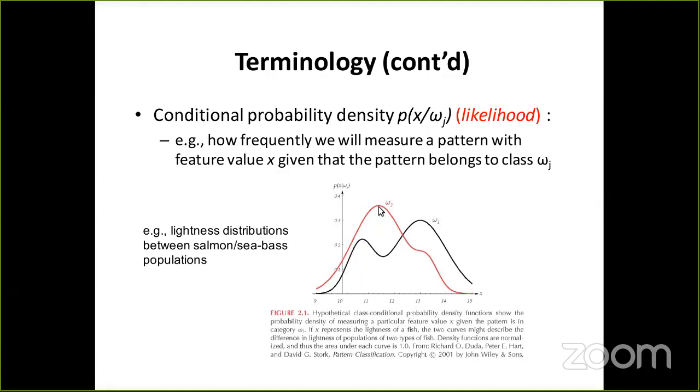So we know that most fish which belong to class 2 have weight somewhere around 11.5. And if we look at the second distribution, omega 1, if we know that our fish belongs to class omega 1, then there are two peaks. Most fish have the value of x either around 13 or around 11.